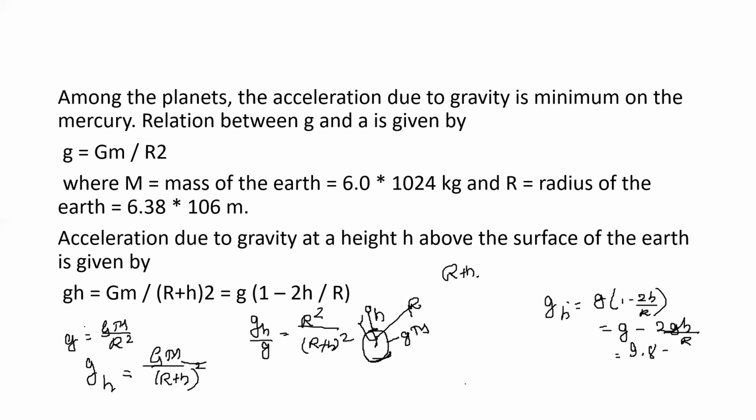So what can we conclude from the expression? We can conclude that acceleration due to gravity decreases as we go above the surface of the earth. As it is going up, the acceleration due to gravity decreases. This is regarding acceleration due to gravity at height h.